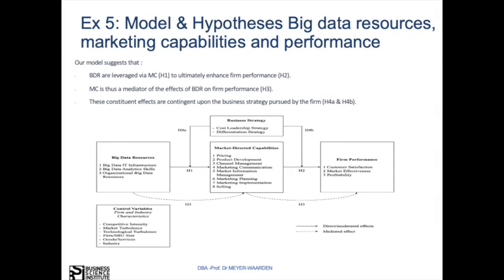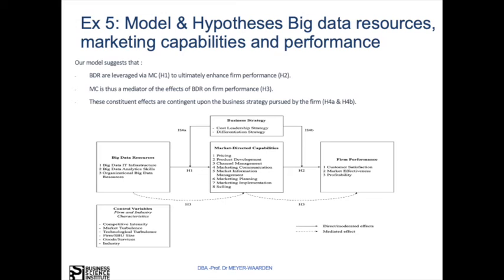Another example is this one. So we have big data resources as independent variables, which influence market-directed capabilities as mediating variables, which subsequently influence the dependent variable firm performance, namely customer satisfaction and profitability.